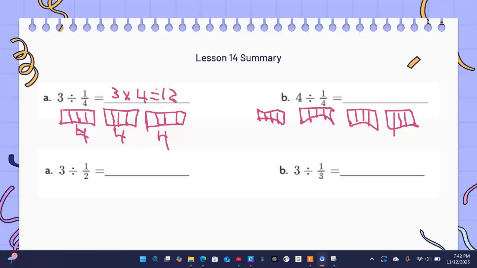Again, each of them is four. So we have how many pieces? We'll have four times four, and that's going to give me an answer of 16.